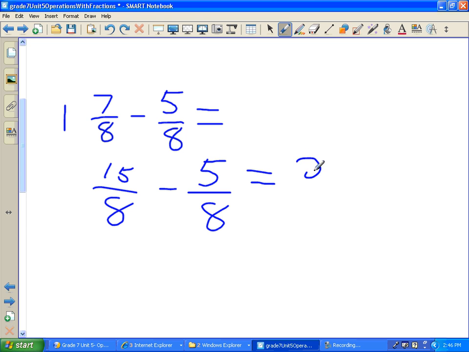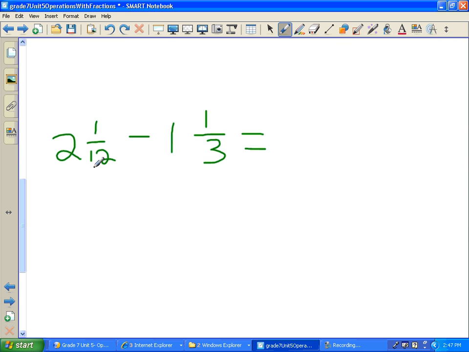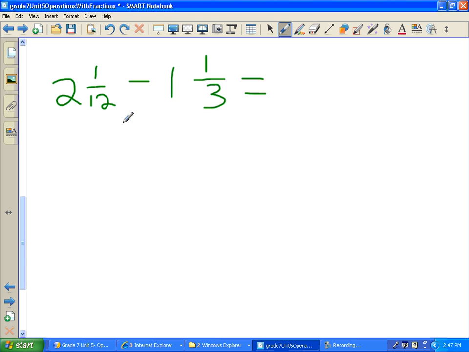So our answer is 20 over 8, or 8 goes into 20 2 times to give you 16, and then I'll have 4 8ths, which is the same as 2 1/2 if you divide the top and the bottom by 4.